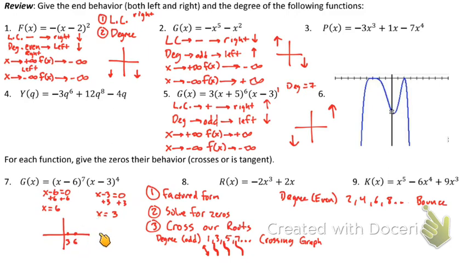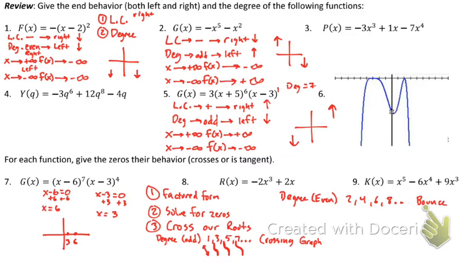If it's an even degree like this one, that means our root has a bounce to it. We'll touch the root, but we won't cross over the x-axis. So odd crosses over the x-axis, evens bounce. They never cross the x-axis. Those are pretty much the rules.